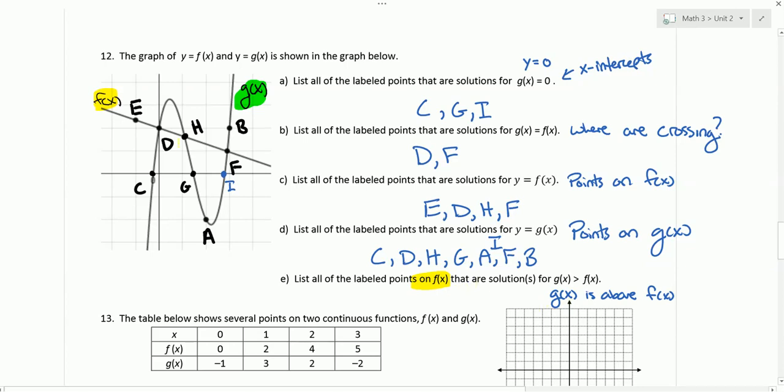So this is a part of f of x where the curve is above it. And this is a part of f of x over here where the curve is above it.